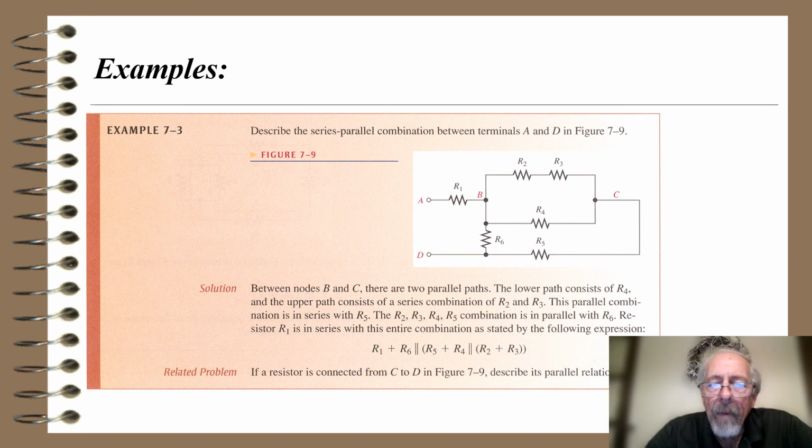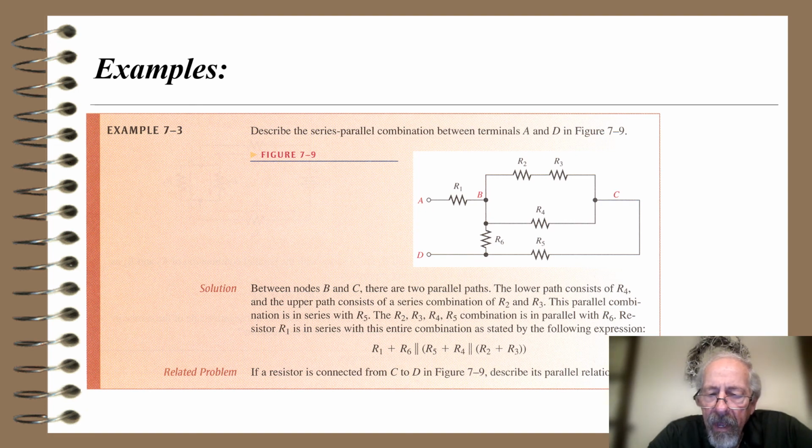Describe the series parallel combination between terminals A and D in figure 7.9 is example 7.3. So again, the solution there says there are 2 parallel paths. And it writes how this is all set up: you've got resistor R1, plus the parallel combination of R6 in parallel with, and you have to look at the parentheses here.